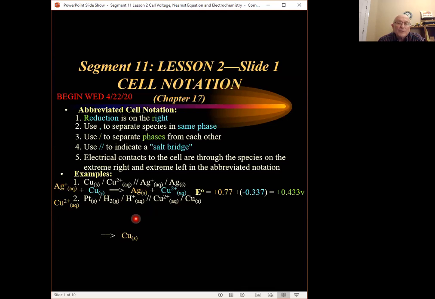Now, the reaction then is this one, and we are taking copper ion and hydrogen gas to go to copper metal plus hydrogen ion. And the voltage for that is +0.33 volts.